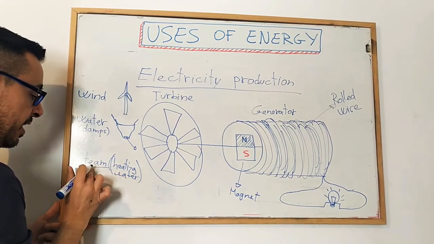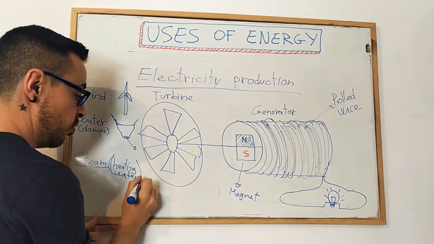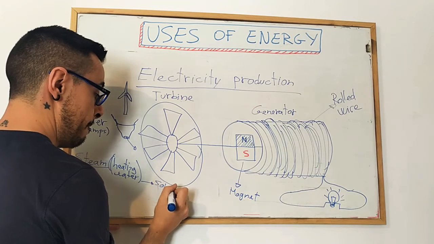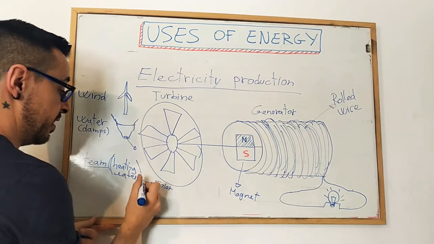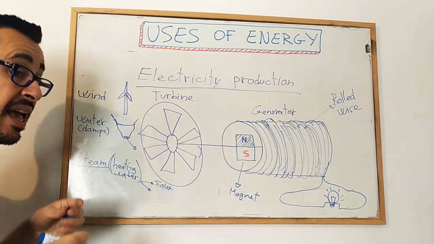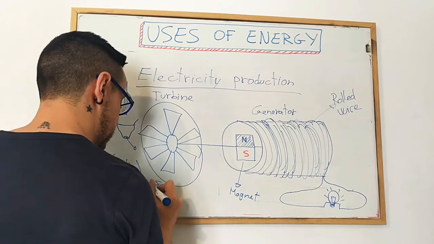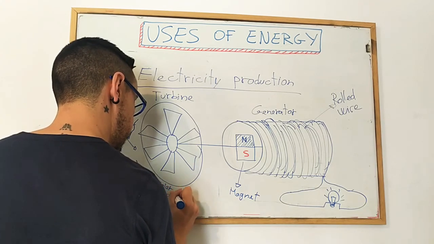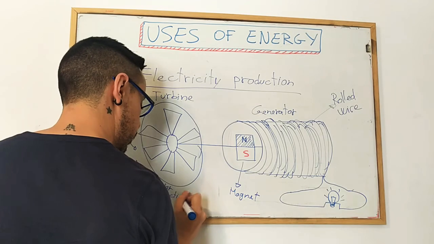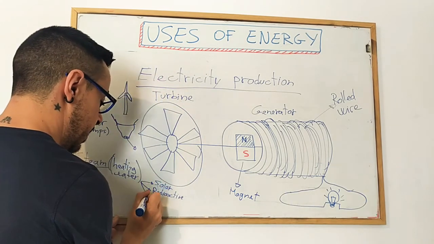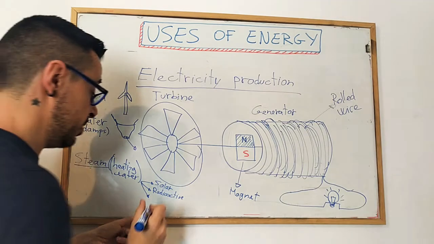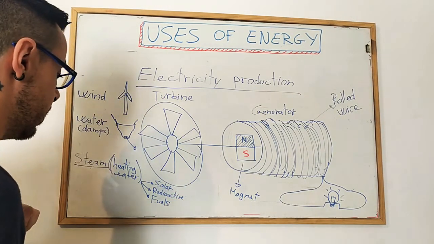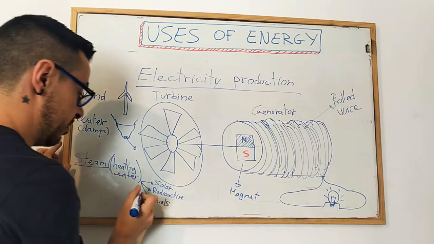How can we heat the water? We can heat the water with the solar energy. We can heat the water with the heat of the radioactive materials, radioactive energy, okay. We can heat water with fuels, and we can heat water with biofuels.